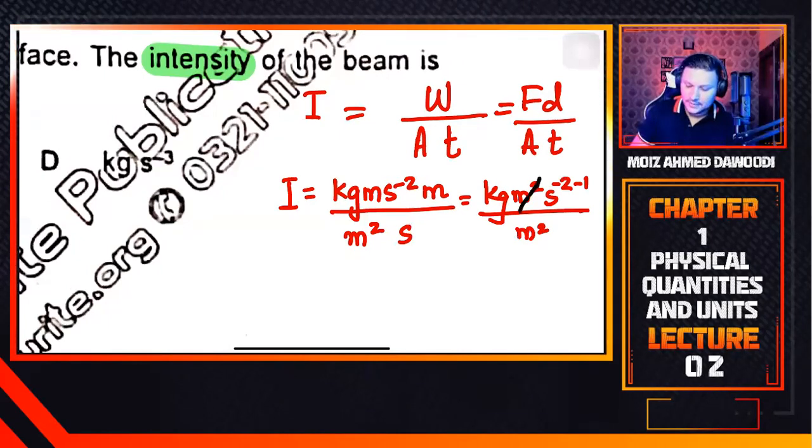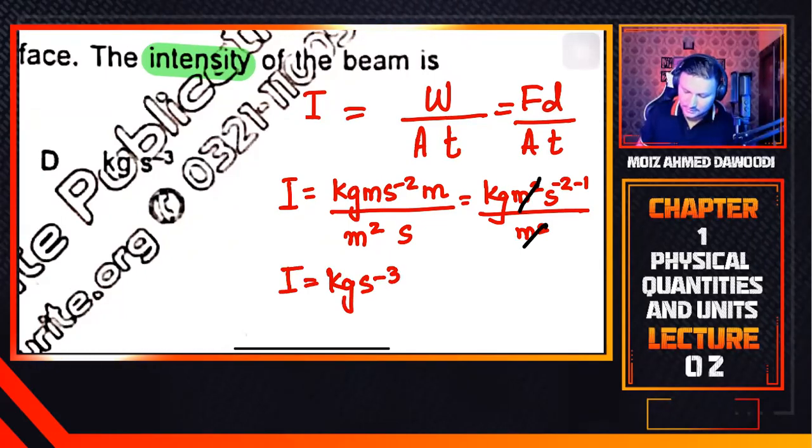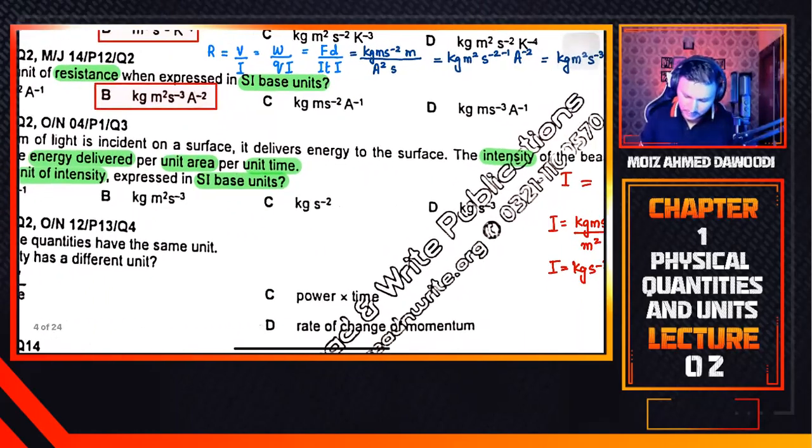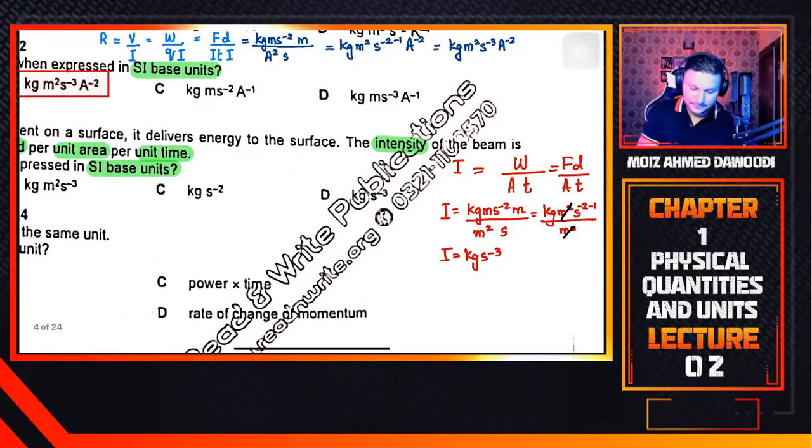So what I did, I cancelled out meter square with meter square. Hence, kg s^-3. So the answer is D. Okay.